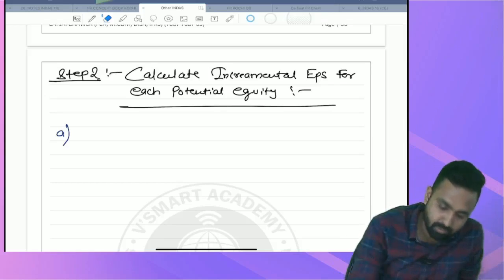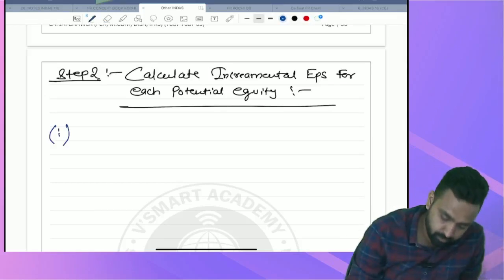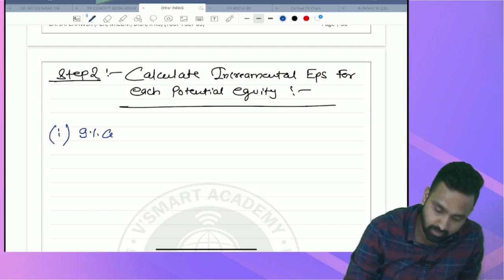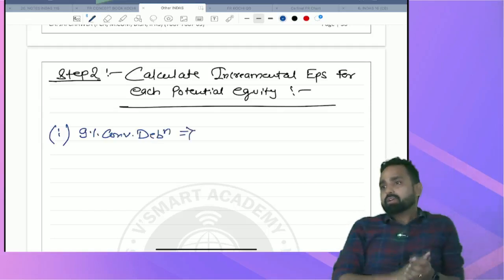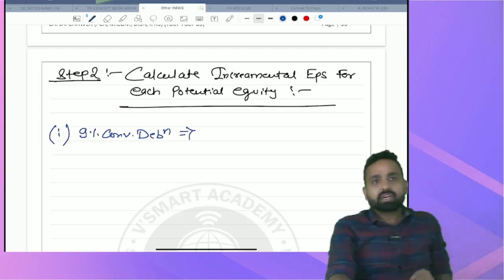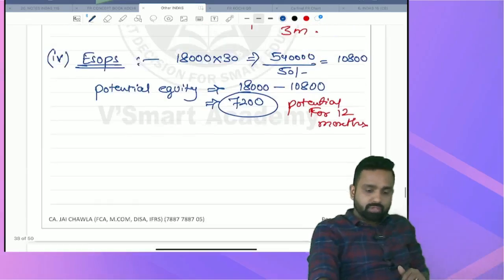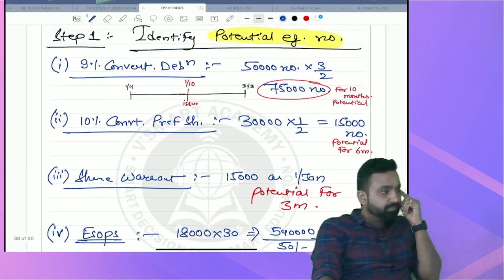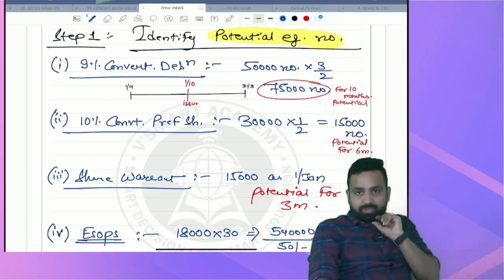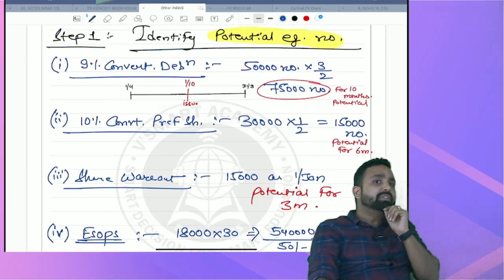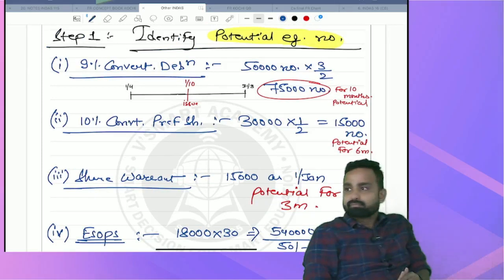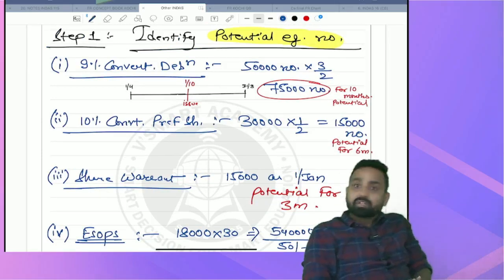Who was the number one? 9% convertible debenture. Tell me, what was the date of conversion basically? First Feb now? So how many months of interest did you give them? 10 months.